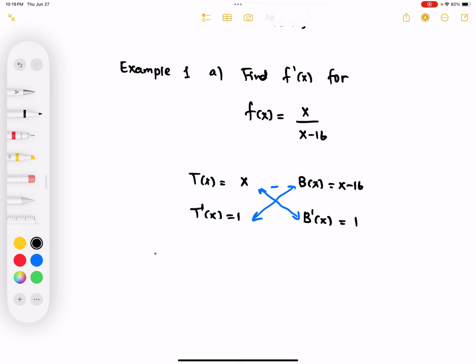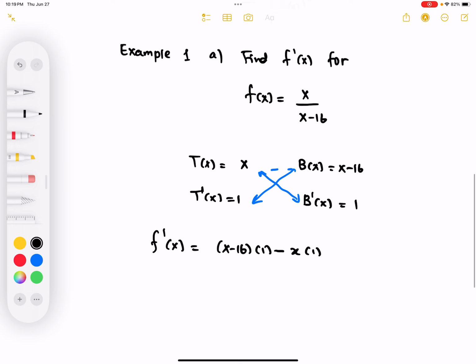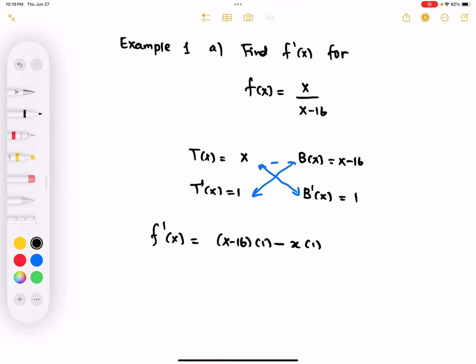Therefore f derivative at x is x minus 16 multiplied by 1, remember it is minus, and x multiplied by 1. The commutative property also works if you just swap the terms, it is the same, divided by x minus 16 the whole square.